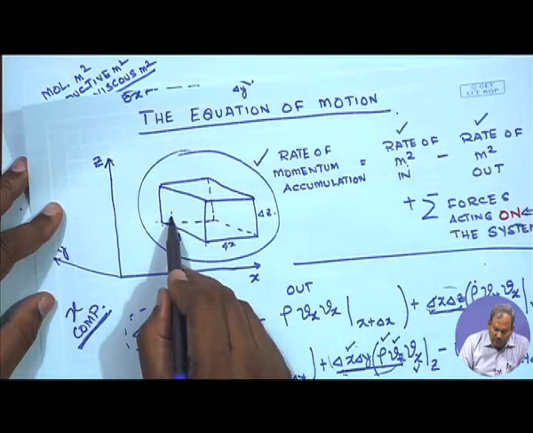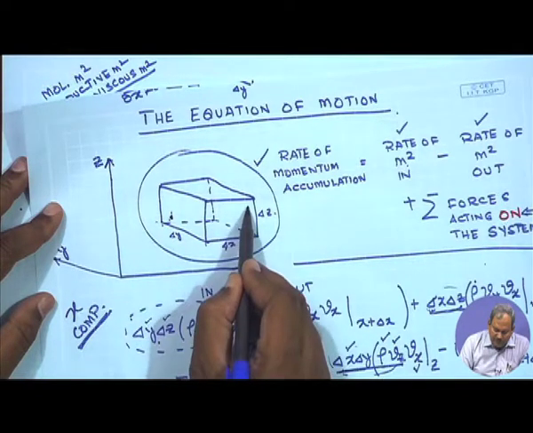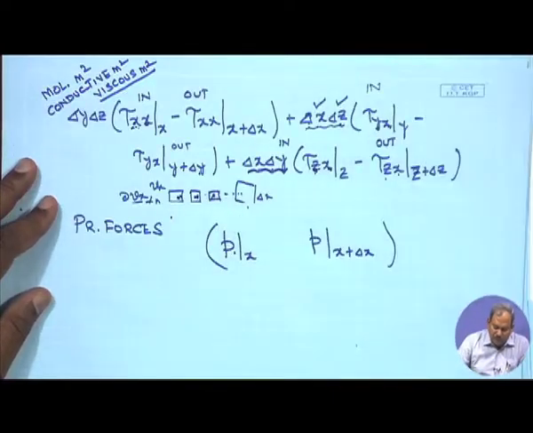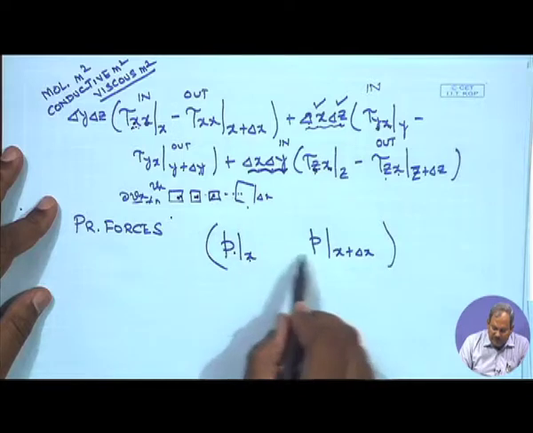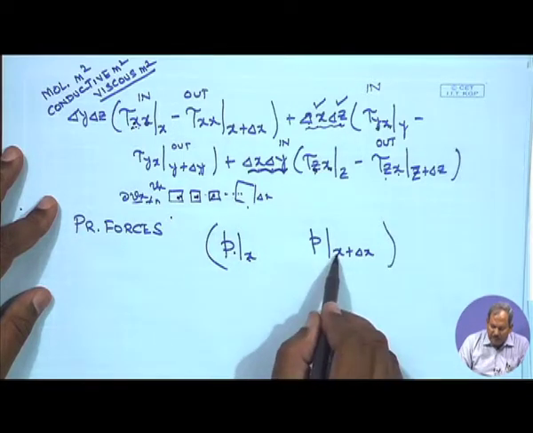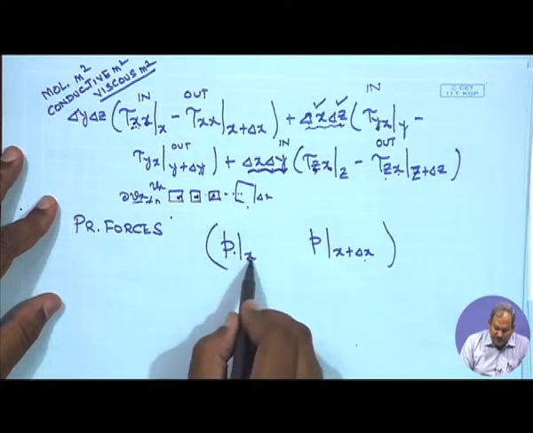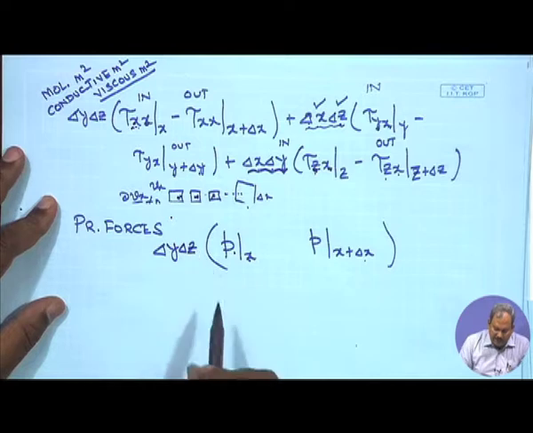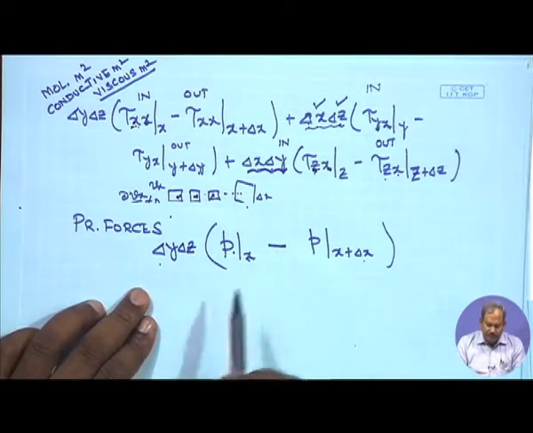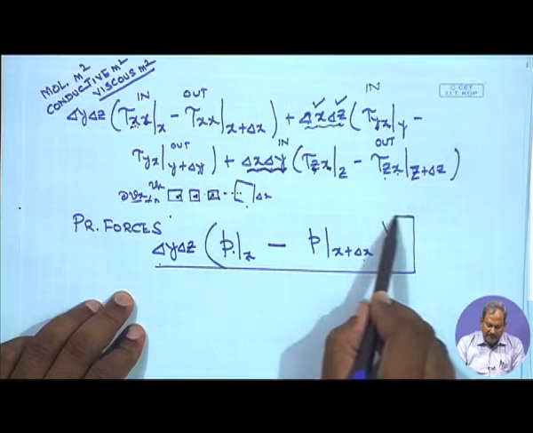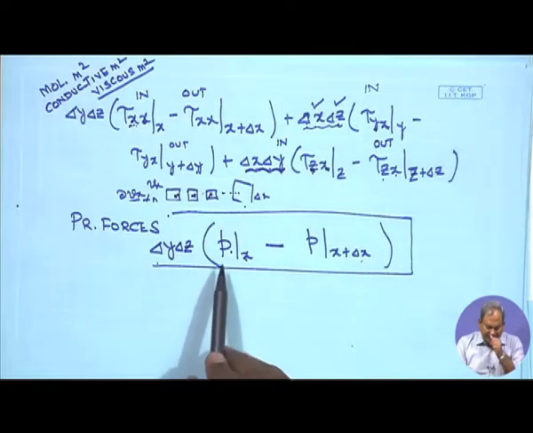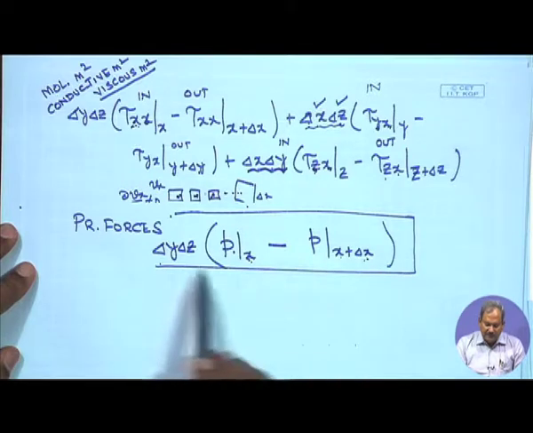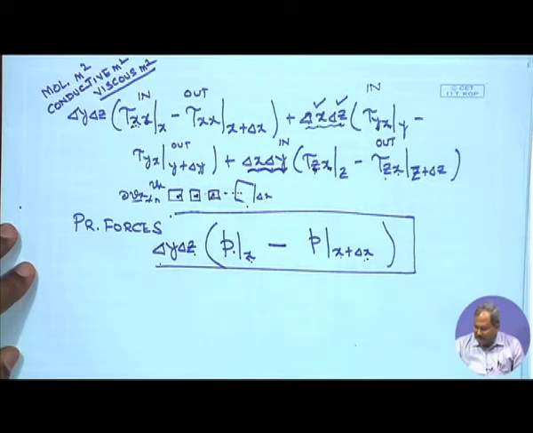Only the pressure acting on the x face and on the x plus del x face has a contribution in the x direction. So, I need not consider P at y or P at z and P at y plus del y and z plus del z. This is acting on an area which is equal to del y del z. So, the net pressure force acting on the control volume is given by the pressure at x minus the pressure at x plus del x, multiplied by del y del z.